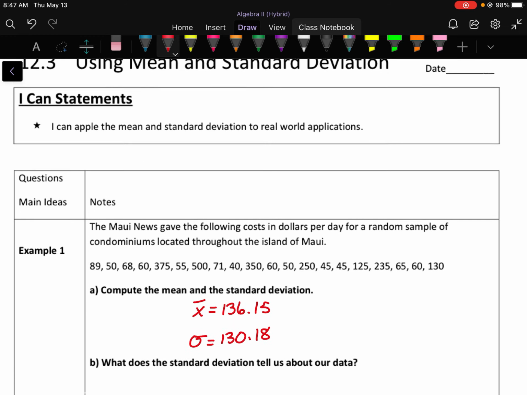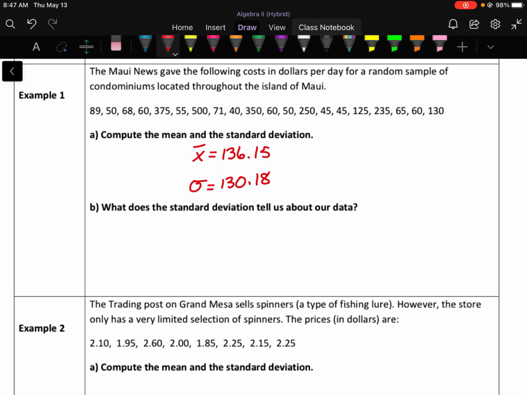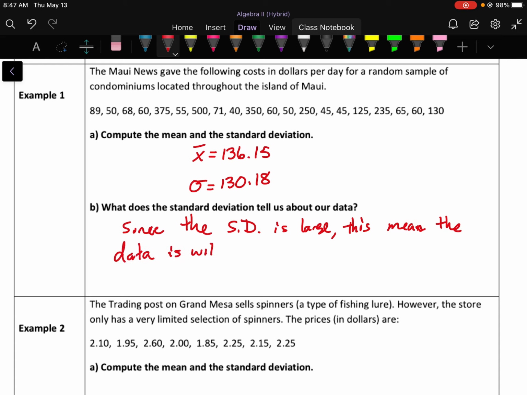Now the new thing here in this 12.3 section, but it all goes together, is what does the standard deviation tell us about our data. So this is where the standard deviation can become useful. So in this specific example, we could say that since standard deviation is large, this means the data is widely spread out.